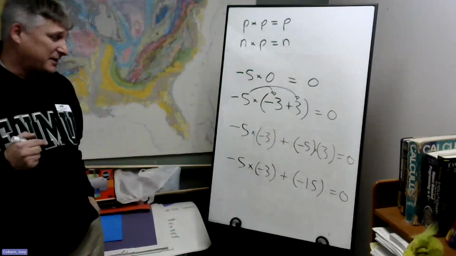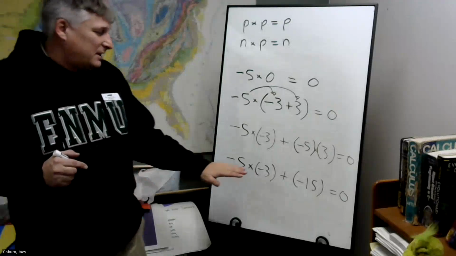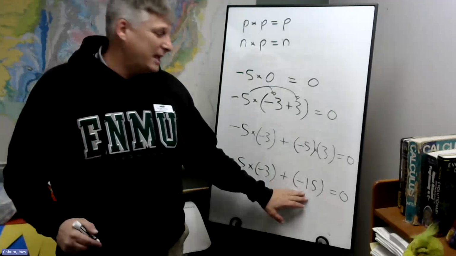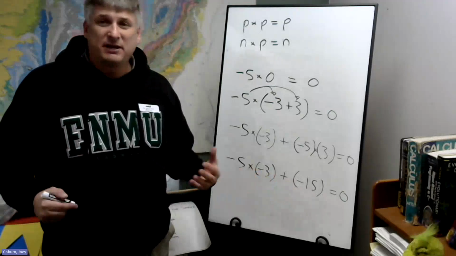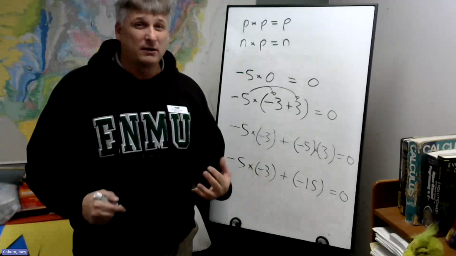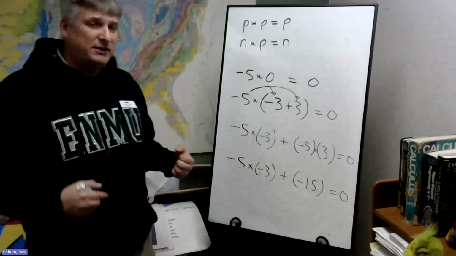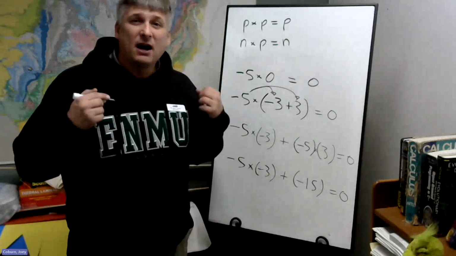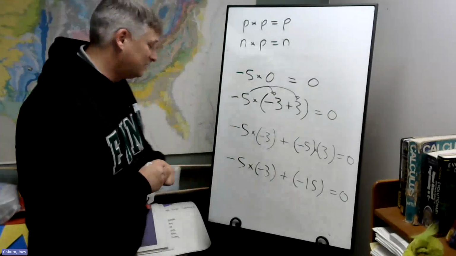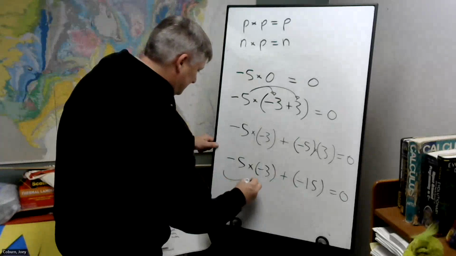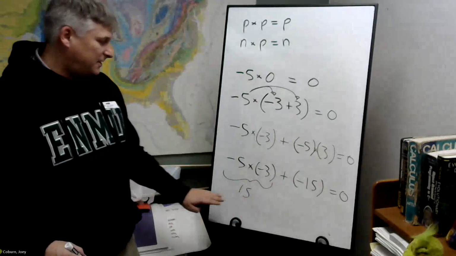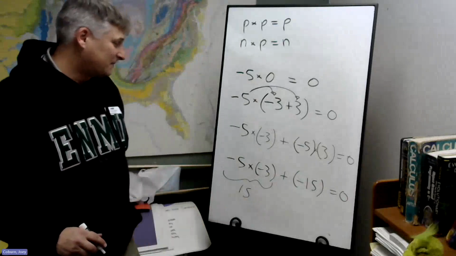So here's the thing. If this is negative 15, what number can you add to this for it to become 0? And there's only one number. The only number you can add to negative 15 and get 0 is the opposite of negative 15, or 15. This has to be the case.